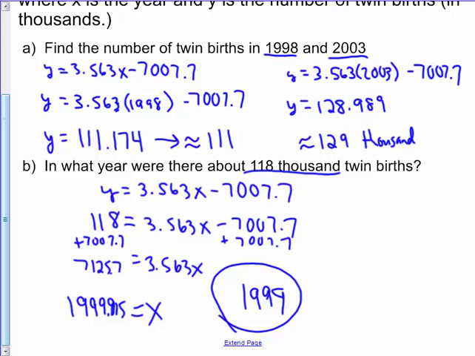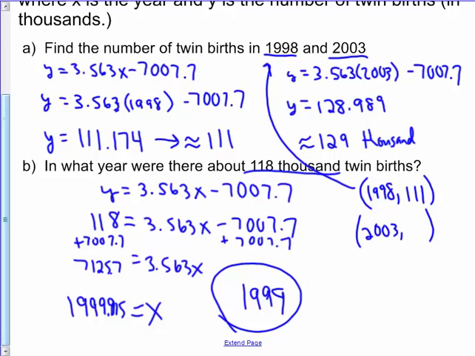So in C, I'm going to plot these 3 points that I had: 1998, comma 111; 2003, comma 129; and 1999 and 118. Now again, we'll take a look at the 1999, because it's 1999.9. It's pretty close to 2000. We'll see which would be a better choice there.